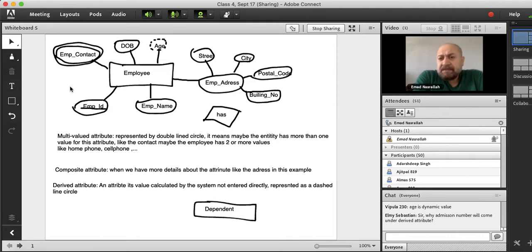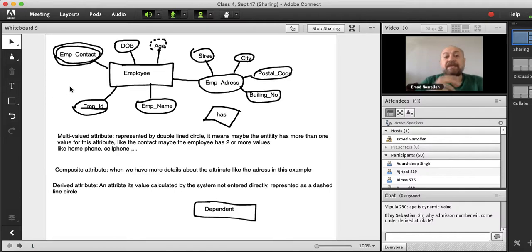It's not a must, but if we think about the moment when the data entry person is entering data of the employee, or of the student, whatever, any value the data entry person can enter is not derived.